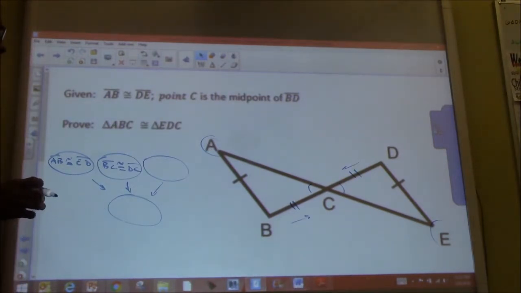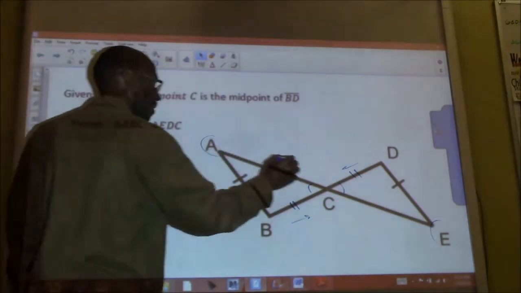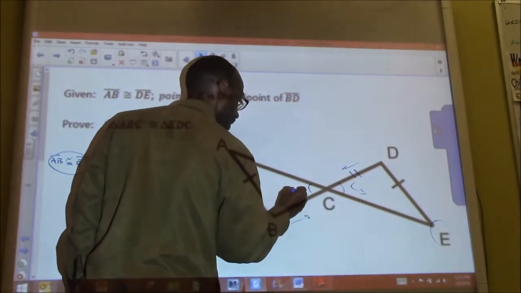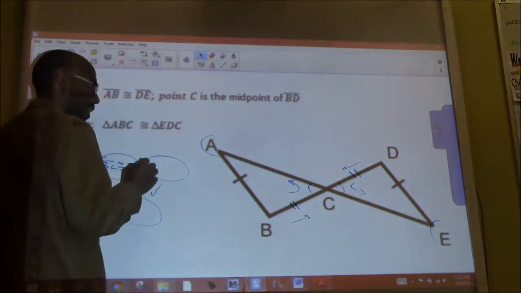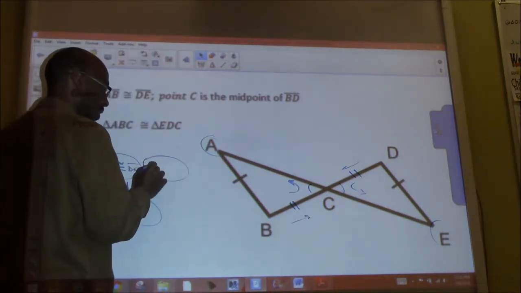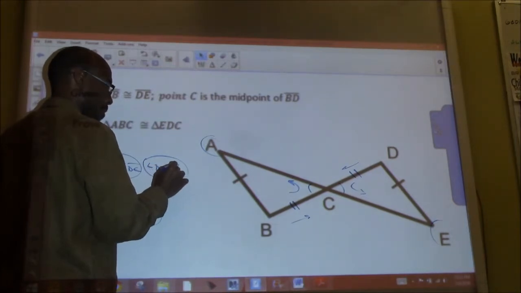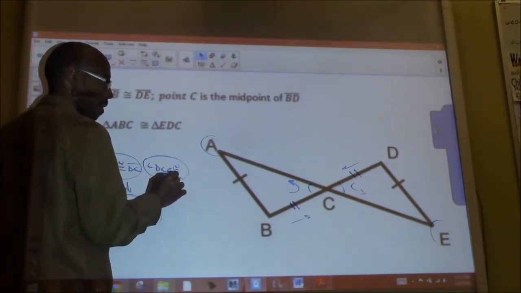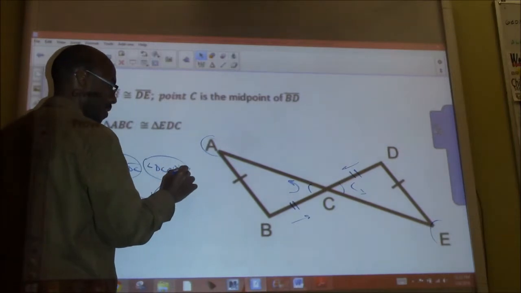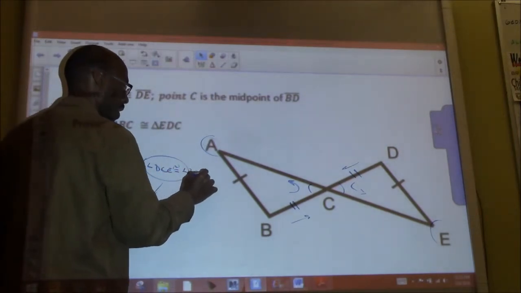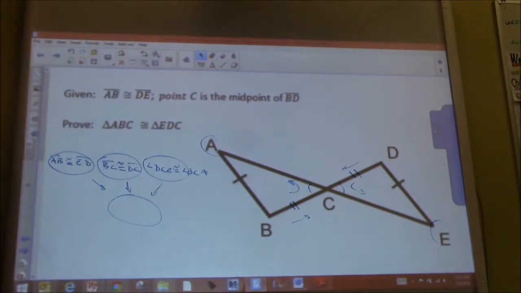So we got here angle DCE. Let's go to DCE and come back around. BCA. Angle DCE goes with B, C, A. Let's see if that gives us anything.